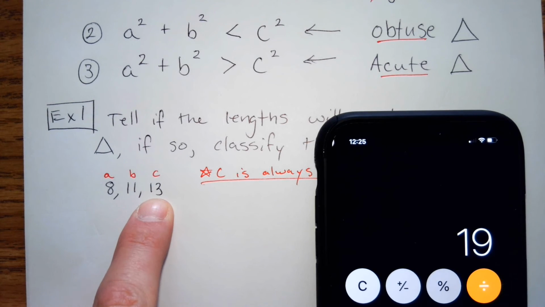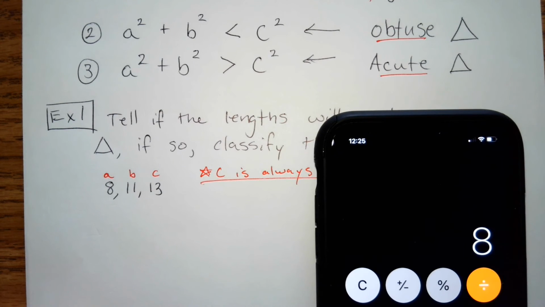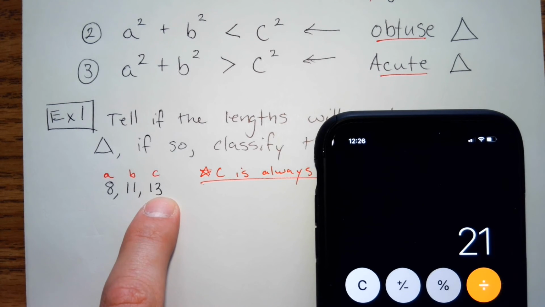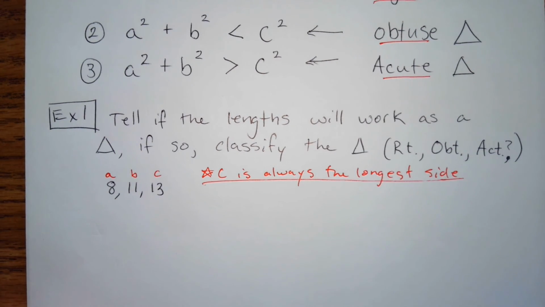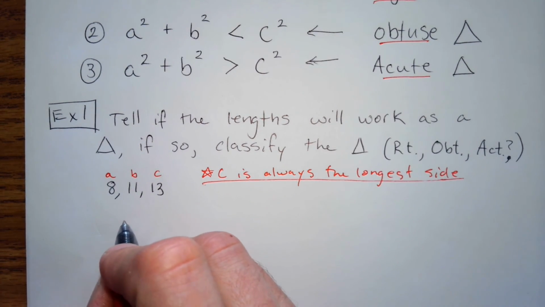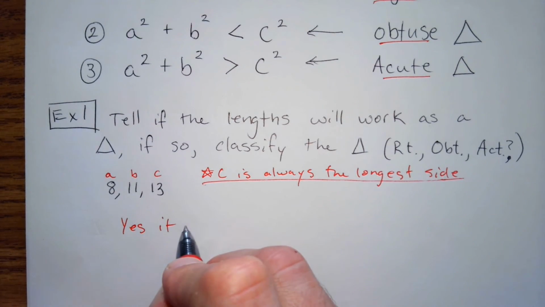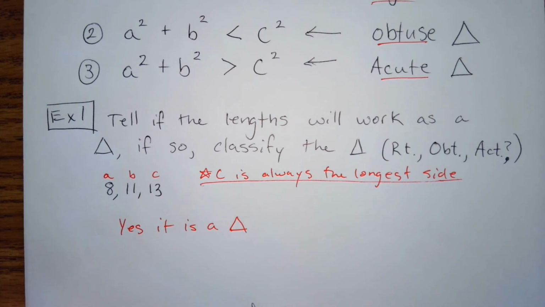That's definitely bigger than the third one. So that works. 8 plus 13 gives me 21. That's definitely bigger than 11. And then 11 plus 13 is obviously going to be bigger than 8 because 11 is already bigger than 8. So this can make a triangle. So yes, it is a triangle.